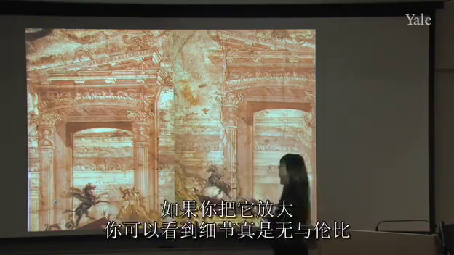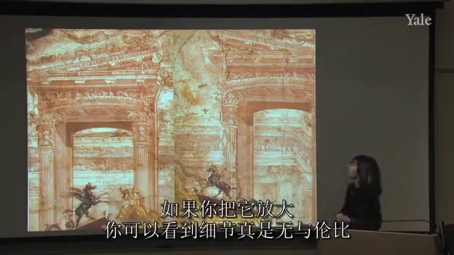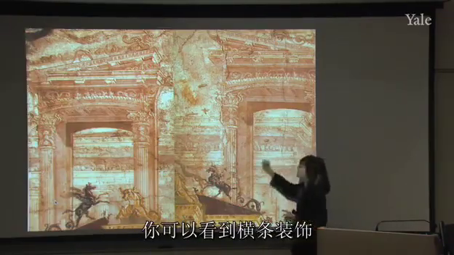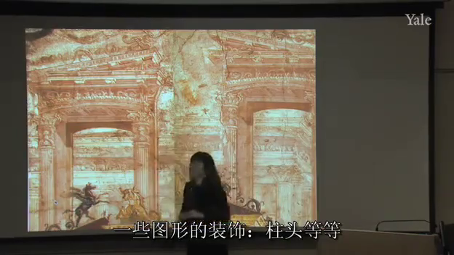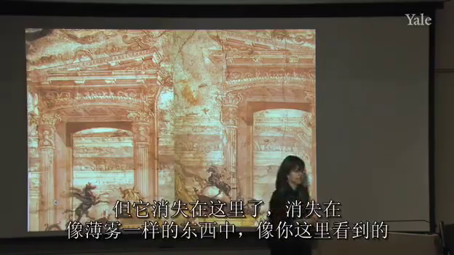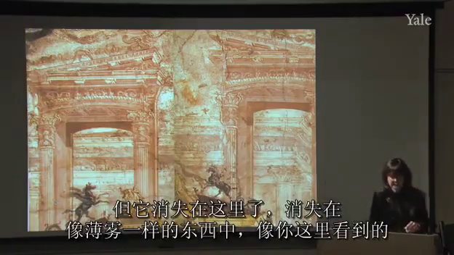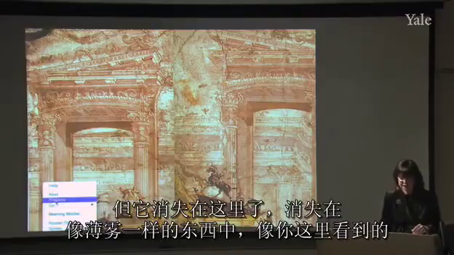If you blow it up, you can see that the details are incredible. You can see the decoration and the friezes, you can see some of the figural decoration, the capitals, and so on and so forth. But it is lost in something of a haze, as you can see here.